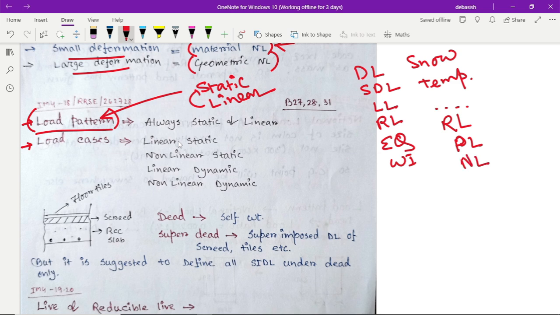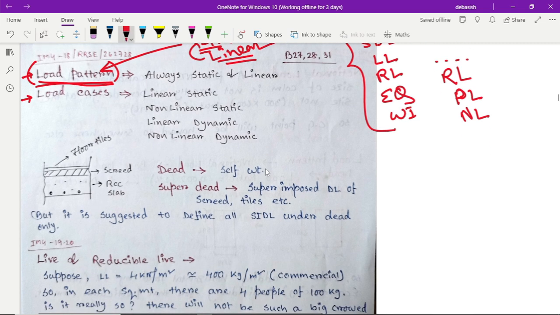All those loads which we can define using the load pattern option in ETABS are the static loads, and the analysis related to these loads is the static linear analysis.